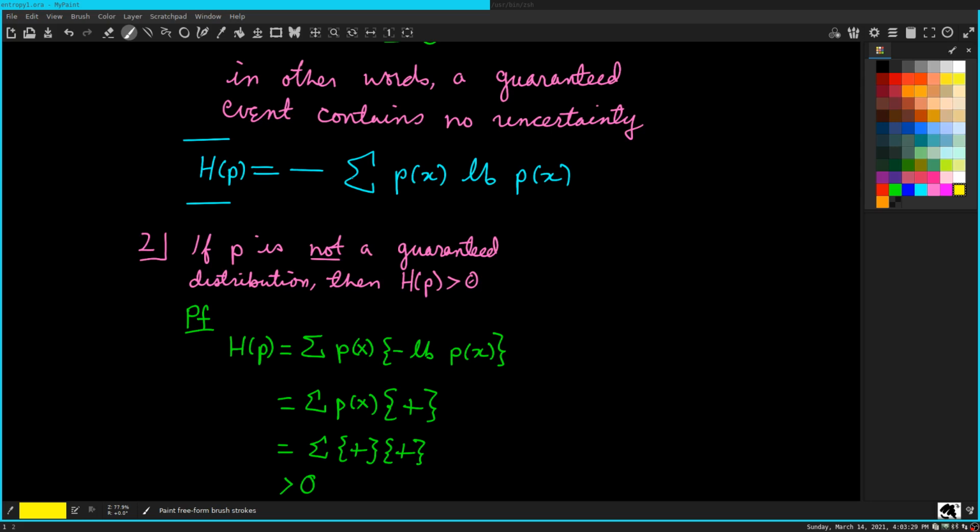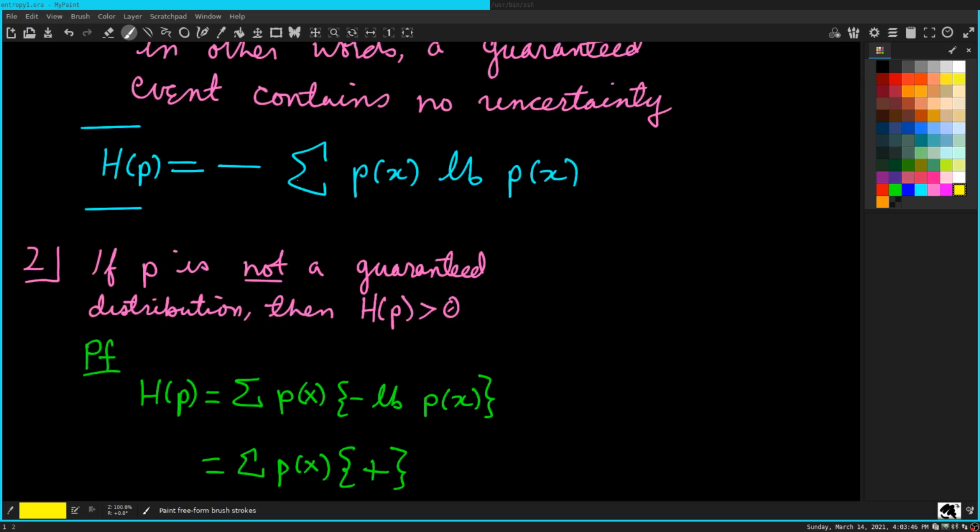However, that's why you put this minus sign here. So every term in this sum is either going to be 0, if it's 0 times log of 0, or it's going to be a positive number, which is positive probability times minus logarithm of positive probability. Logarithm of a number between 0 and 1 is negative, and the minus sign means that it's going to be positive.